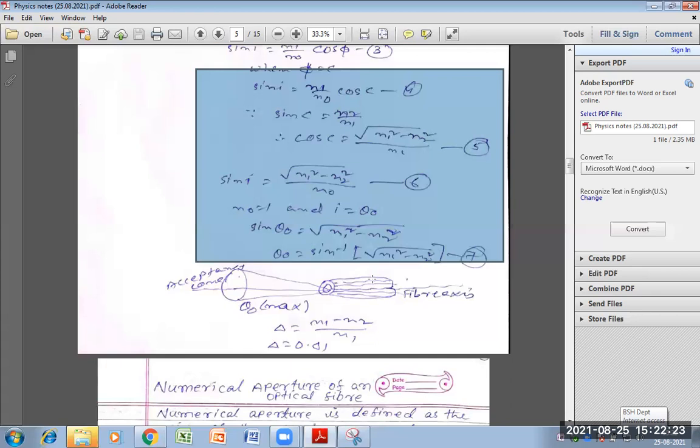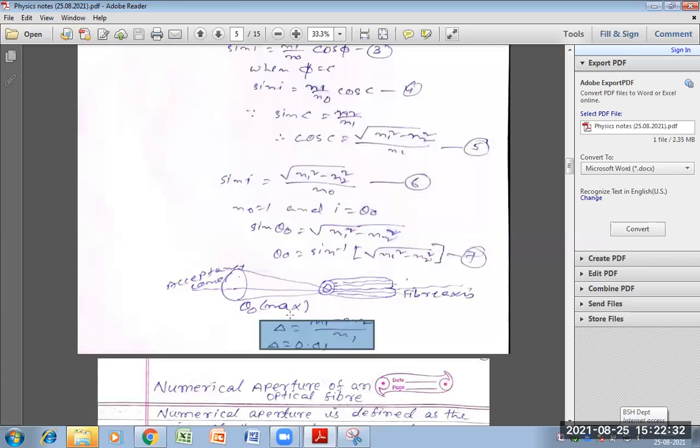Now next is the fractional refractive index change. It is denoted by delta. Here, the fractional difference delta between the refractive indices of the core and the cladding is called fractional refractive index change.